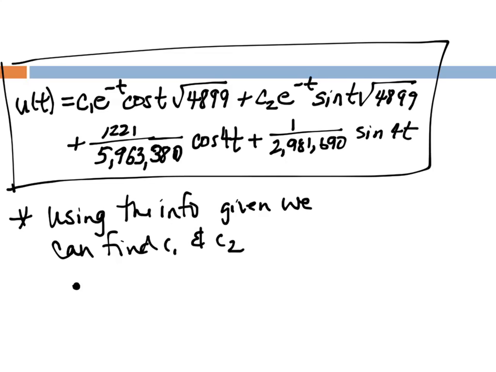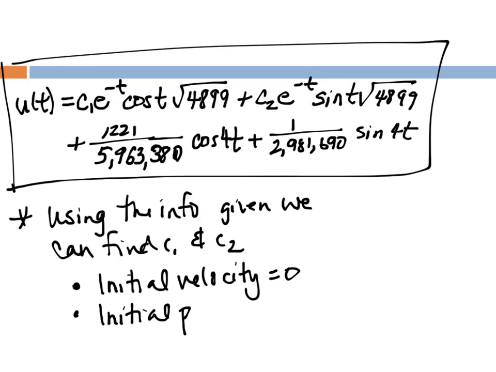Zero initial velocity. The initial velocity was 0. That was a condition. I think it gave you something else too. The initial position, right?